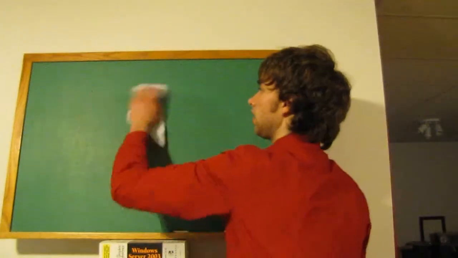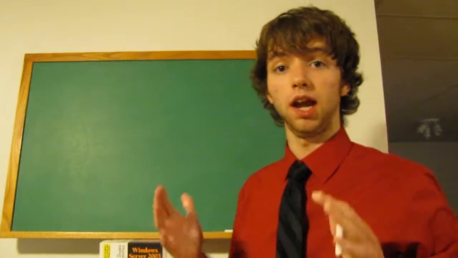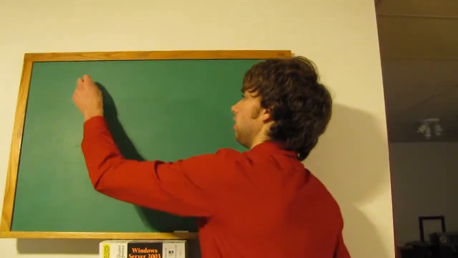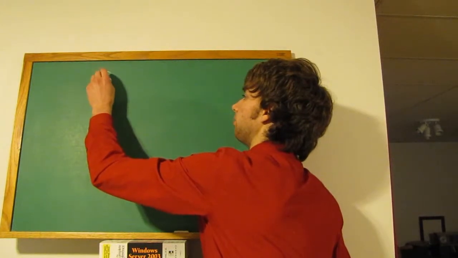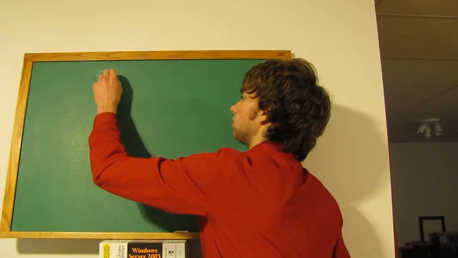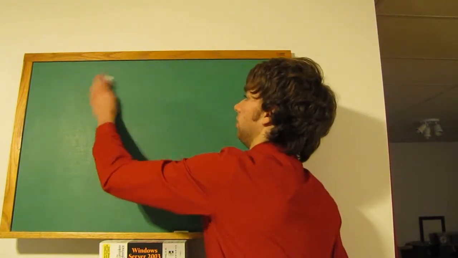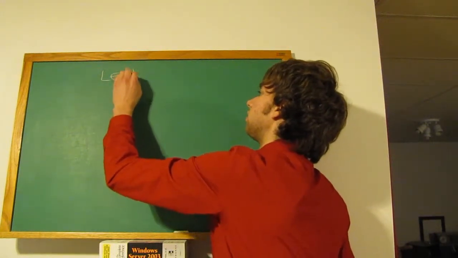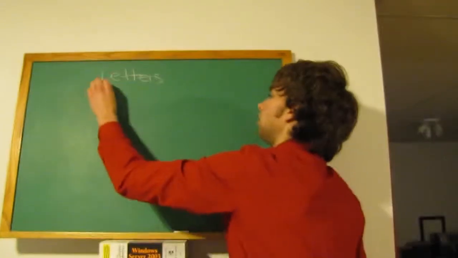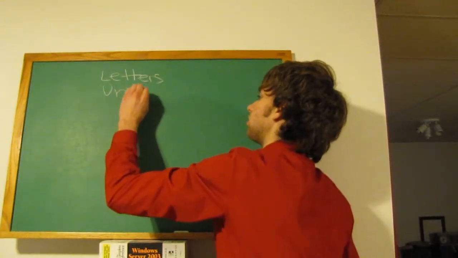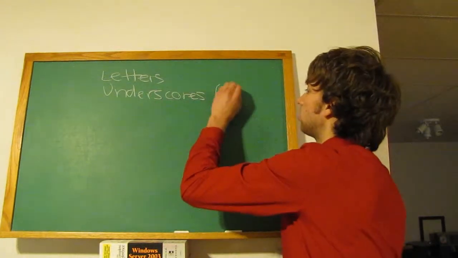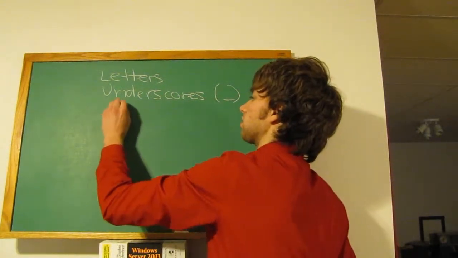Well, the first thing is, obviously it's going to need a name. So the name can have letters, underscores, and numbers.